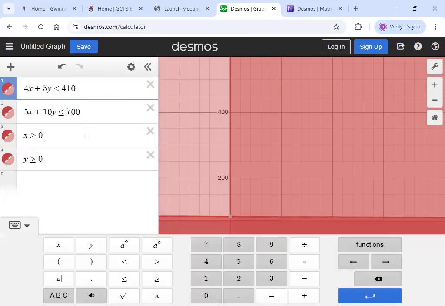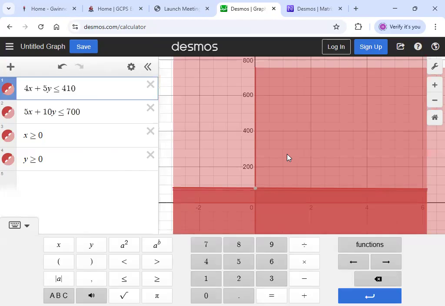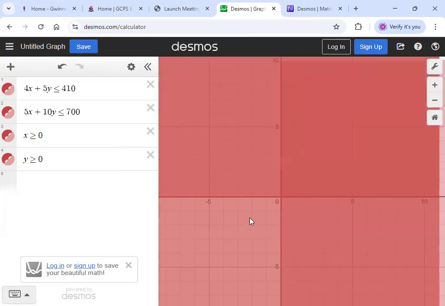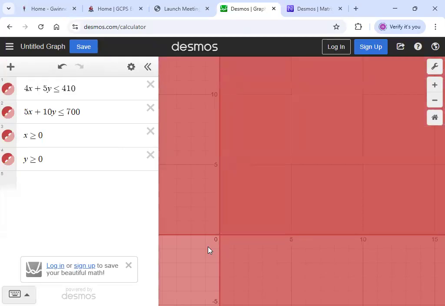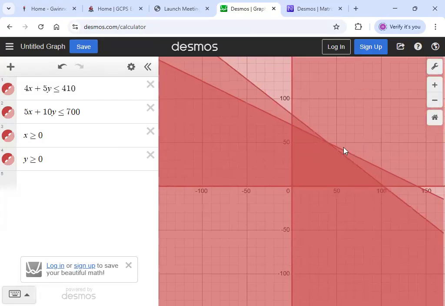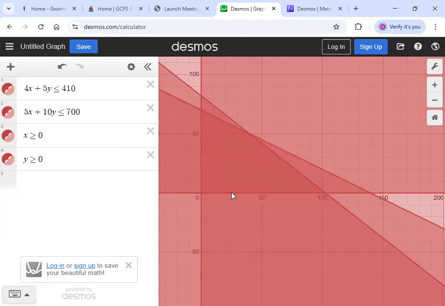And then we're going to look and see what our shaded region is. We may need to zoom in a little bit so we can see it. So there I can see that I have this little quadrilateral.